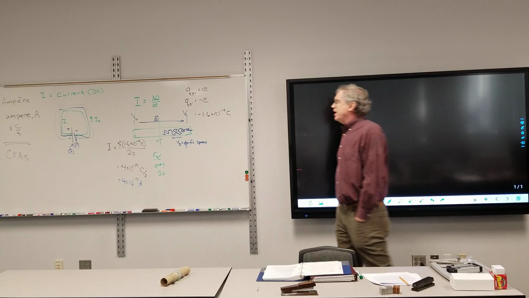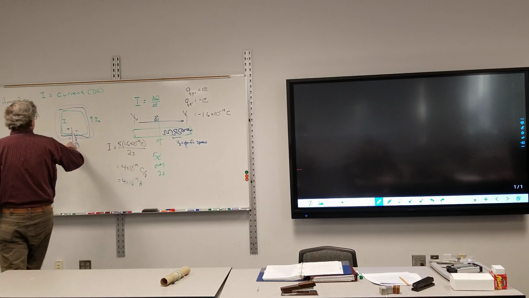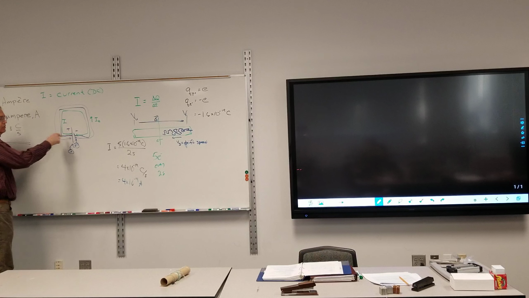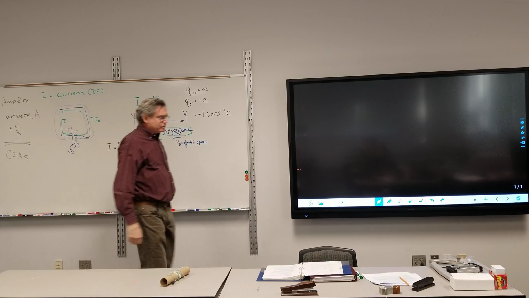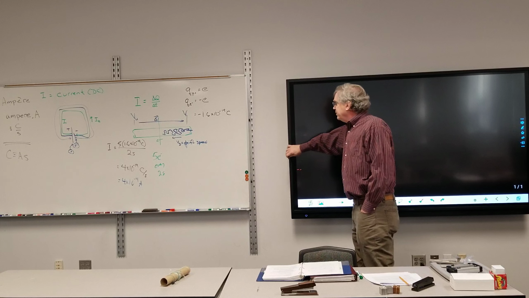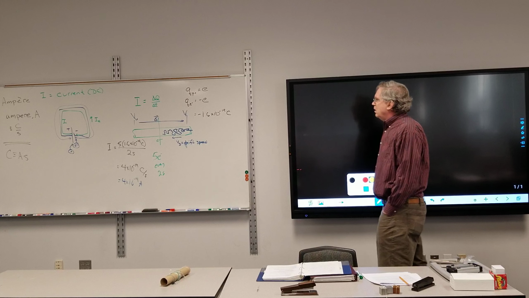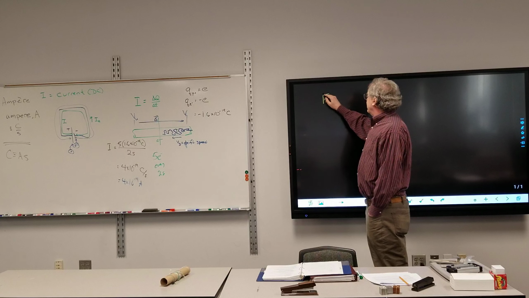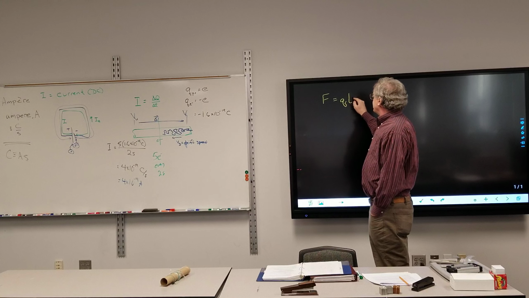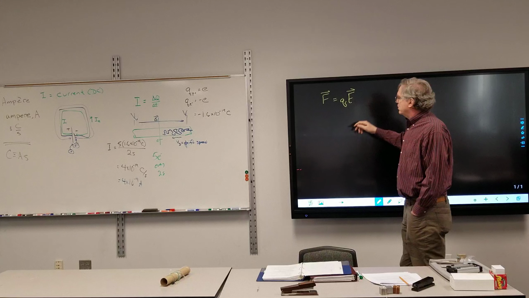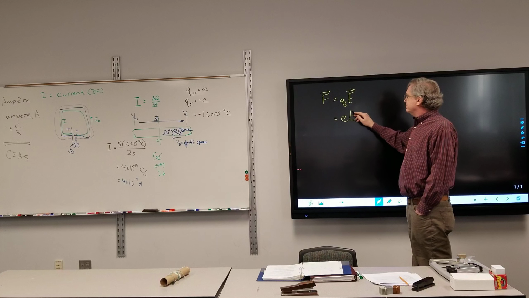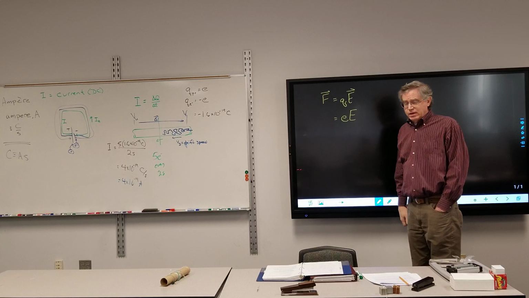We will make the assumption that if I have a current flowing, I've got a high side and a low side here, I do have an electric field that we will assume is constant throughout the wire. So I know that the force on the electron is going to be equal to charge times the electric field, which is just going to be the charge of an electron times the electric field.